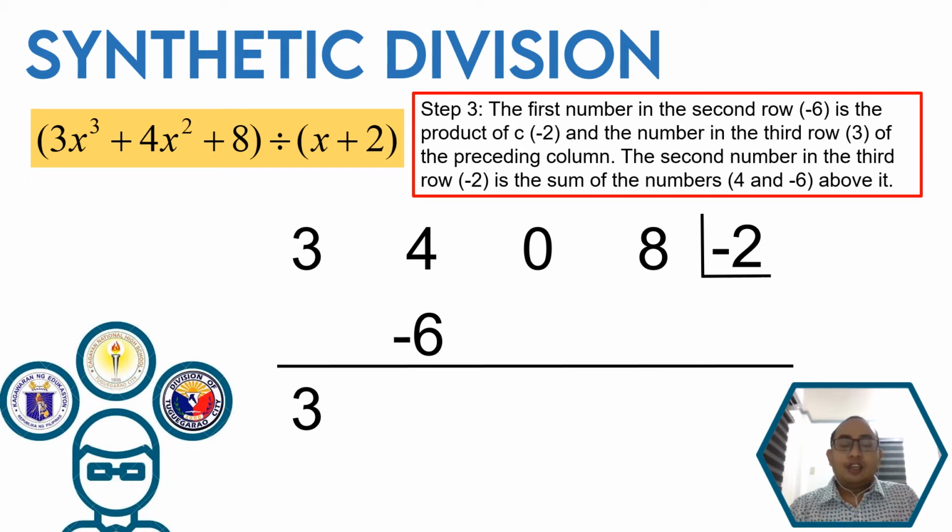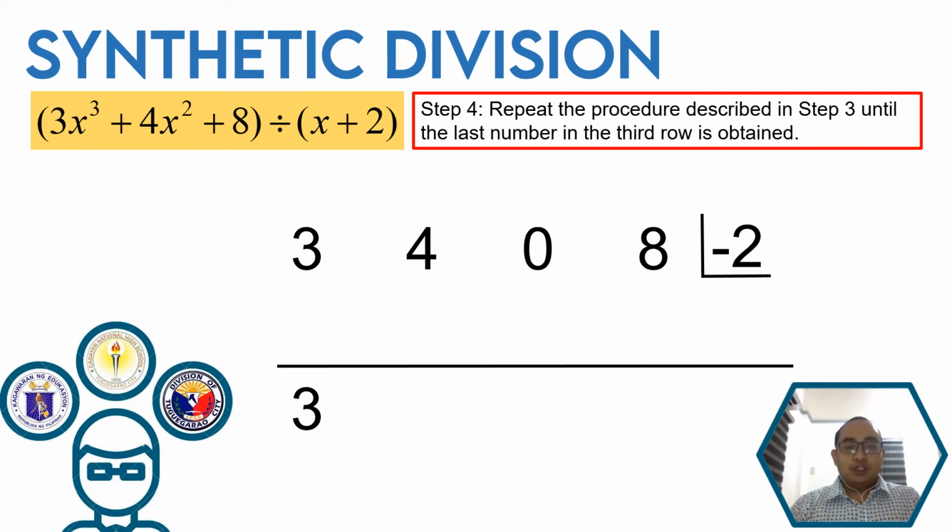And then, we are now going to add the two terms, 4 and negative 6, and that will become the second number in the third row. 4 plus negative 6 will give me negative 2. Again, that is the sum of the numbers 4 and negative 6, the numbers above negative 2.